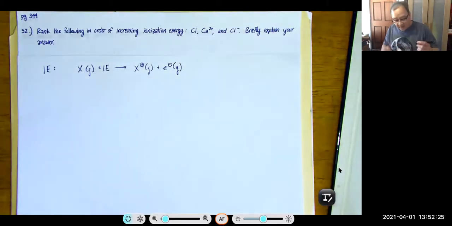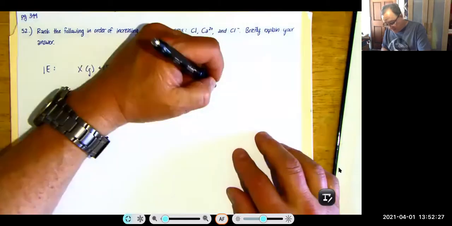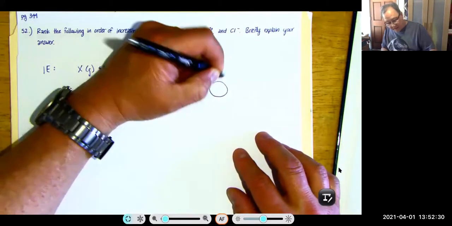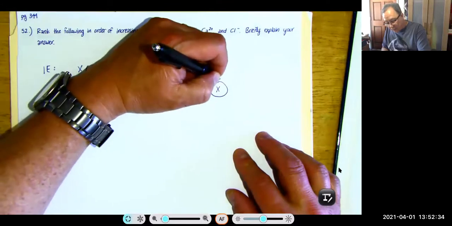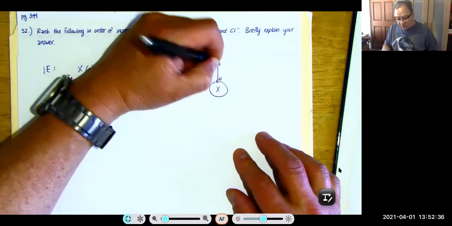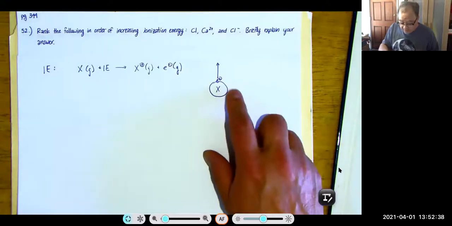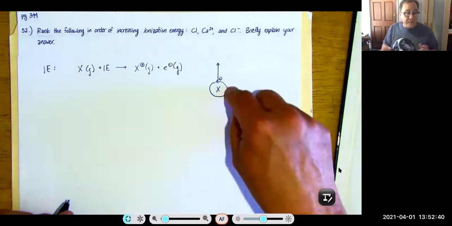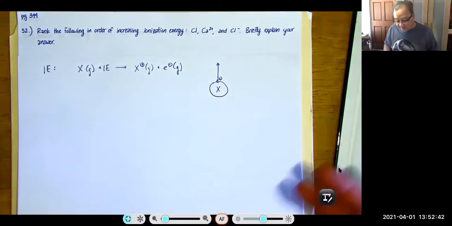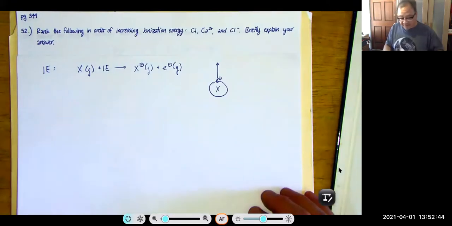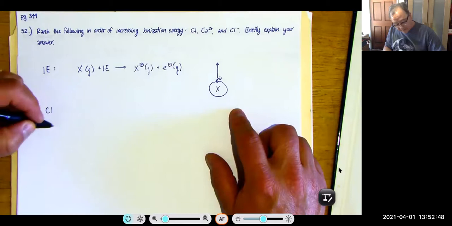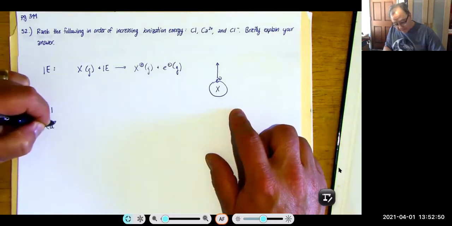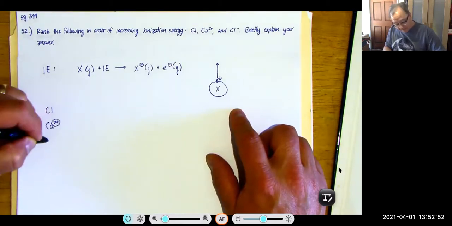Another way to look at it is that you have some atom, we'll call it X, and you take this electron and you remove it. So the amount of energy you have to put into this system to remove the electron away from that nucleus is the ionization energy. So we're going to be looking at chlorine, calcium 2+, and chloride ion.